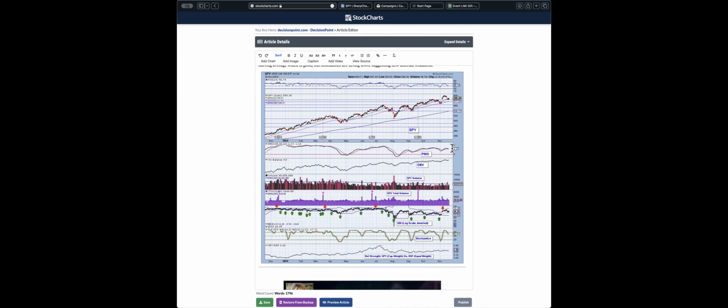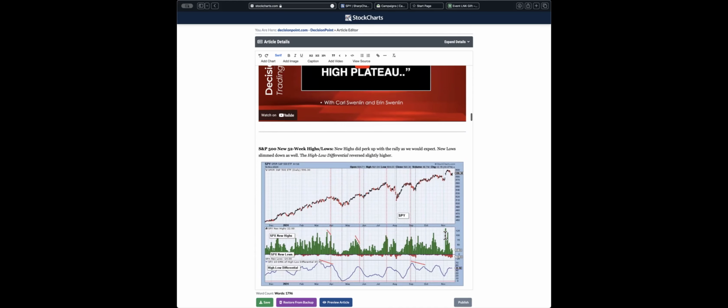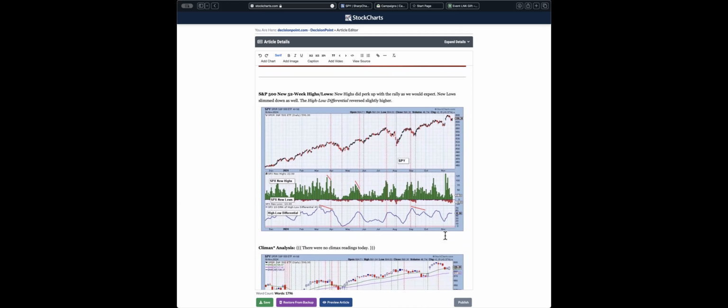So between the PMO sell signal and stochastics being in decline, I'm not inclined to believe that we're on our way to another good size rally. I don't see it. When we look at the new highs, new lows chart, we had a rally today, but notice new highs contracted, new lows expanded.